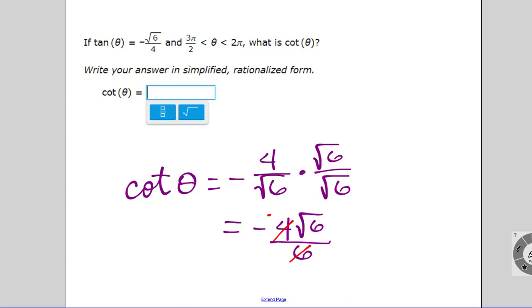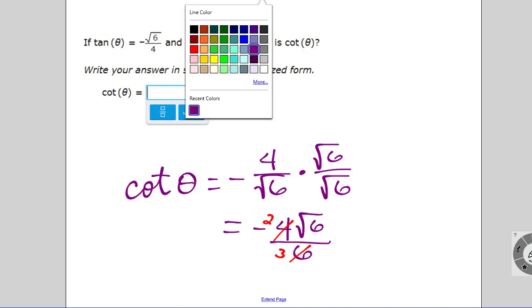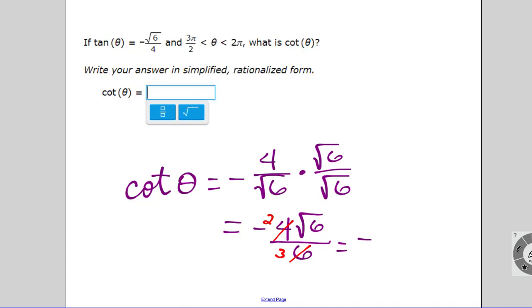And that's going to leave me with a 2 here and a 3 here. So my final answer is going to be negative 2 root 6 over 3. Questions about that? Very good.